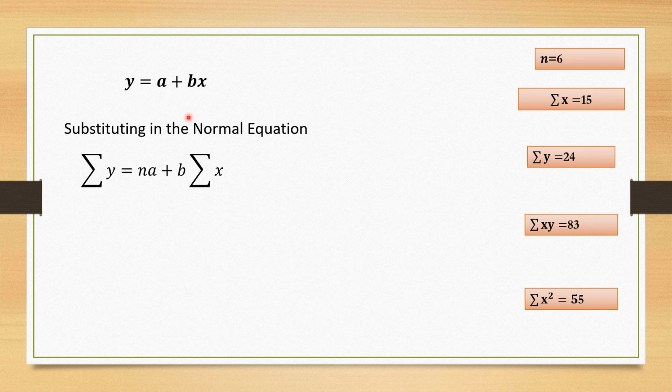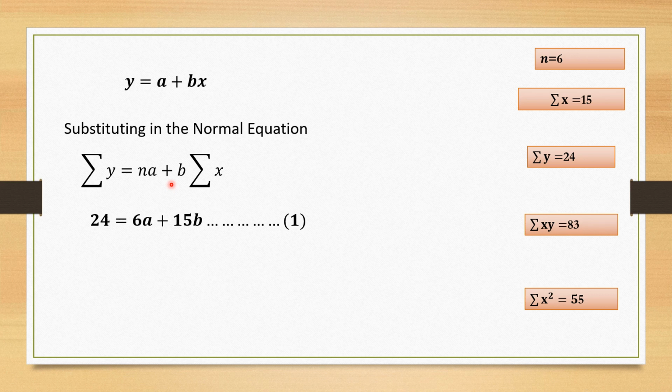So what are the normal equations? The first normal equation is got by taking summation on both the sides. So summation y is n into a plus b into summation x. We know the value of summation y is 24, n is equal to 6 and summation x is 15. So we have 24 is equal to 6a plus 15b.